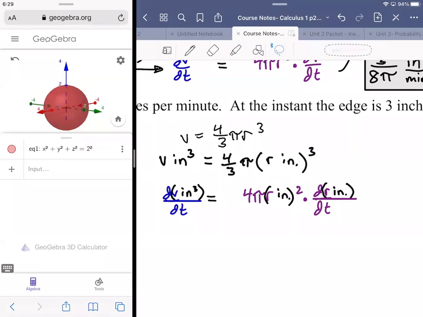Based off of our discussions involving the problem itself, we noticed that time was measured in minutes. So we can just tuck that in there, t minutes.